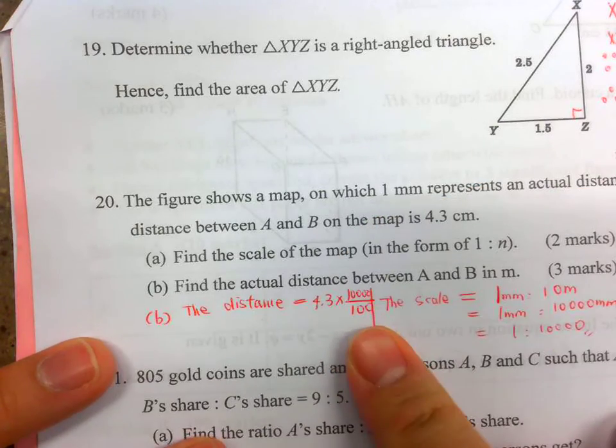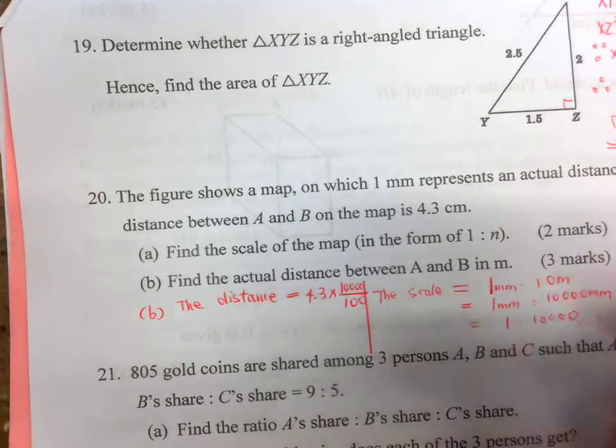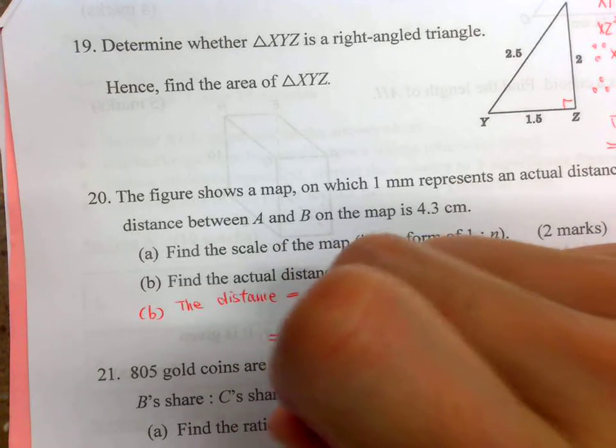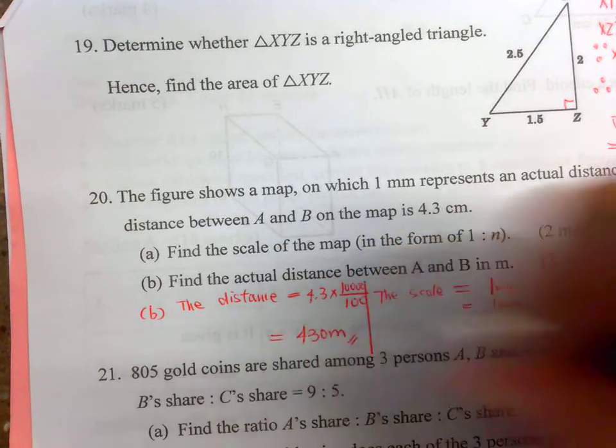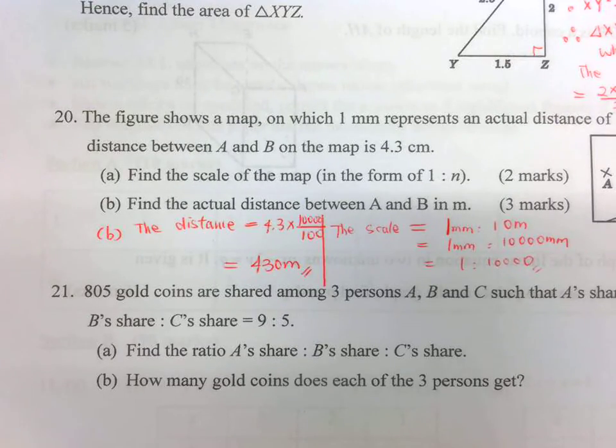Okay, because you have to change it back to meter. So you have 430 meter. Like this. Okay, the upper part, the 10,000, will be the scale divided by 100, so that you get the unit to be meter, not cm.